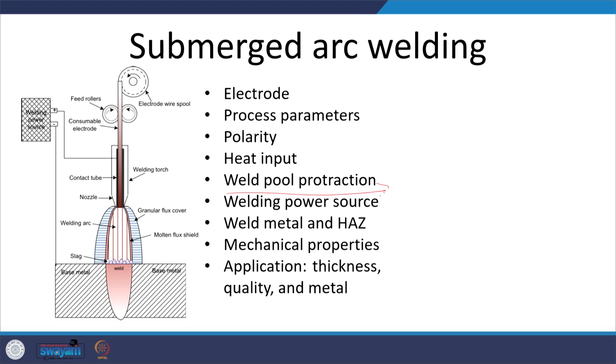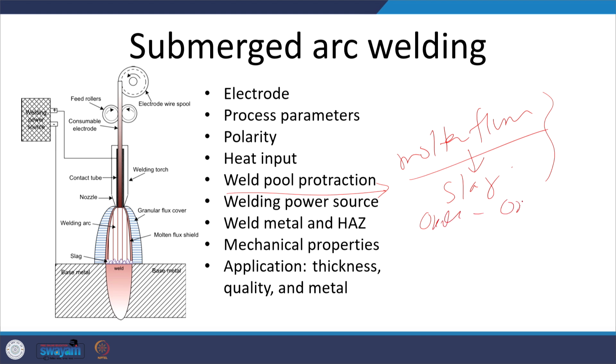The weld pool protection, as I have said, is provided by the molten flux, when the flux reacts with the impurities to form slag. Okay. But still, since mostly oxide fluxes are used, the oxide fluxes produce oxygen, giving a higher oxygen content in the weld metal. Okay.